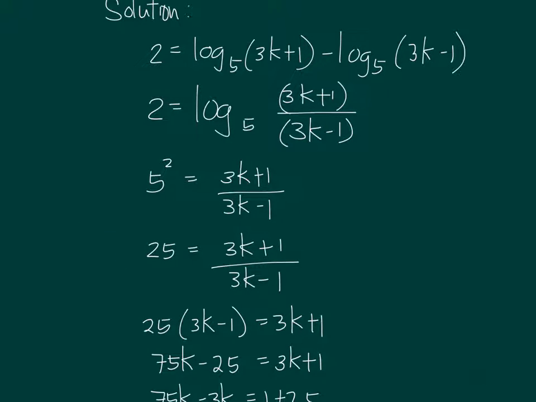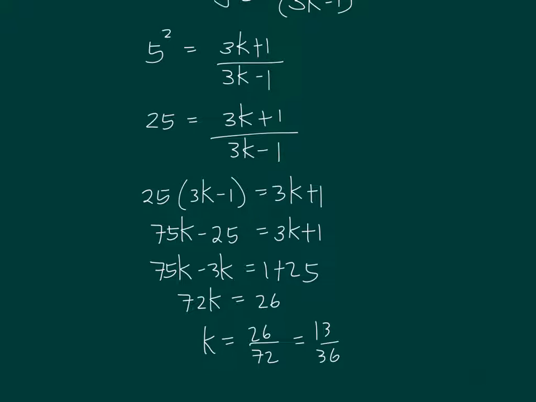I will not be giving you the detailed explanation on how I did this, but apply algebra, and then you should be able to get k equals 13 over 36. You can just look at the solutions and work on it on your own.